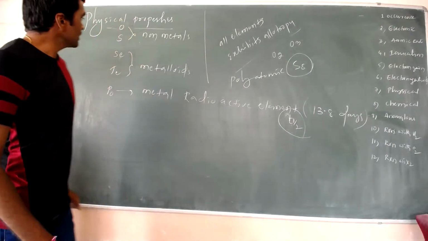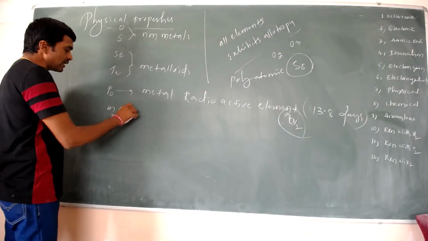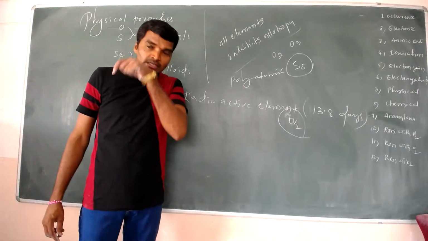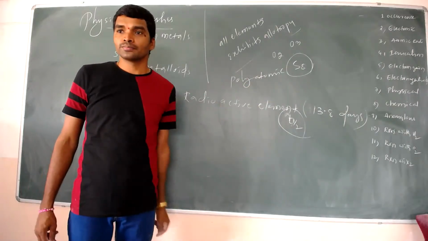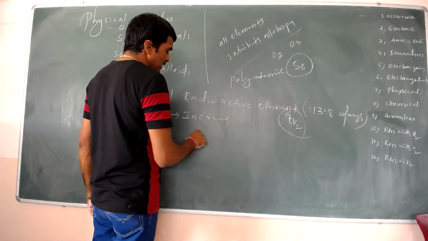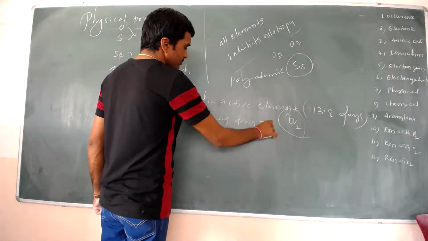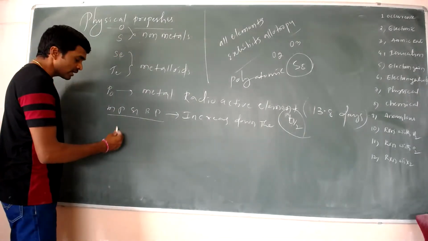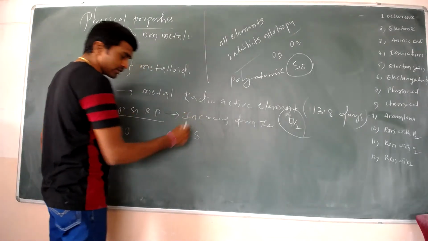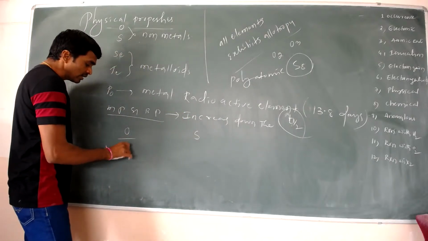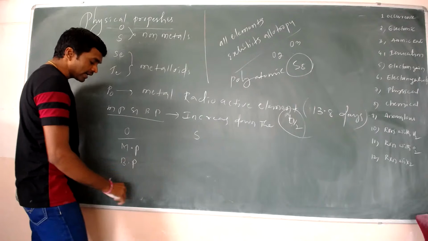And see, the melting and boiling points increase down the group. You remember the important point between oxygen and sulfur: they show the highest difference in melting and boiling point.